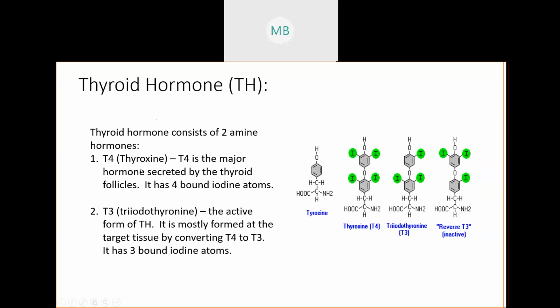The first one involved is called thyroxine. Its fancy name is T4. The other one is called triiodothyronine, which we can abbreviate as T3.